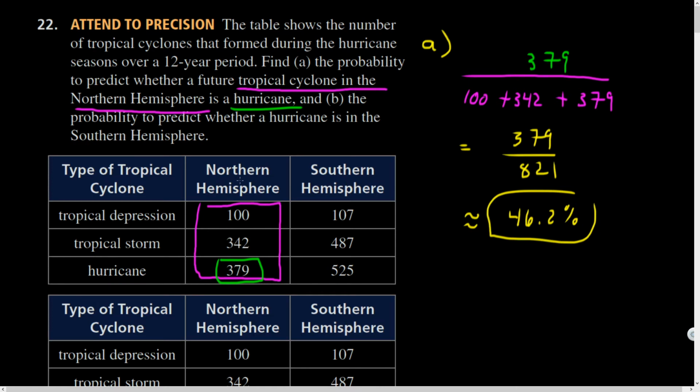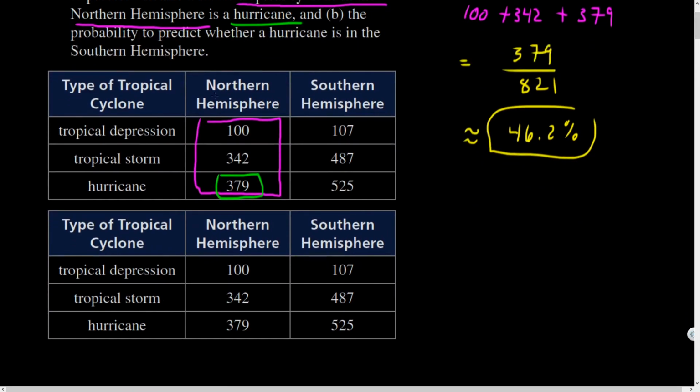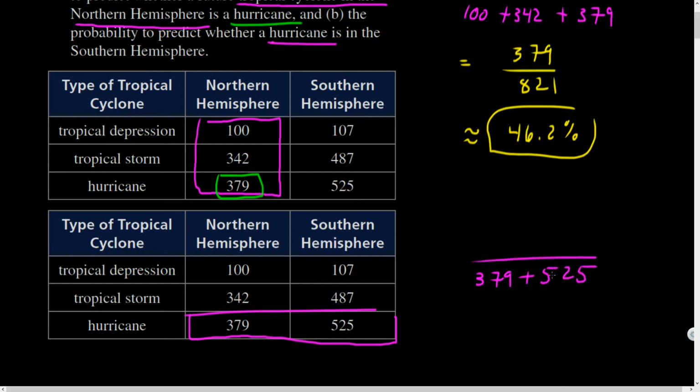Interesting. Let's see. Then, part B, find the probability to predict whether a hurricane is in the southern hemisphere. This time, all hurricanes are my possible outcomes. So this would be 379 plus 525. And my numerator are southern hemisphere ones.